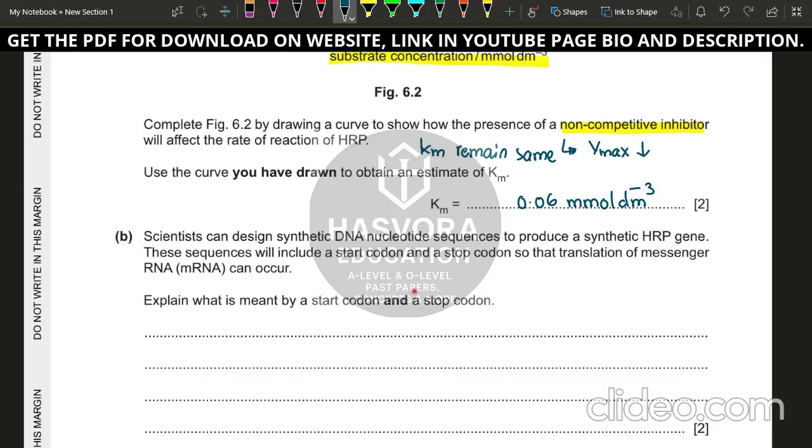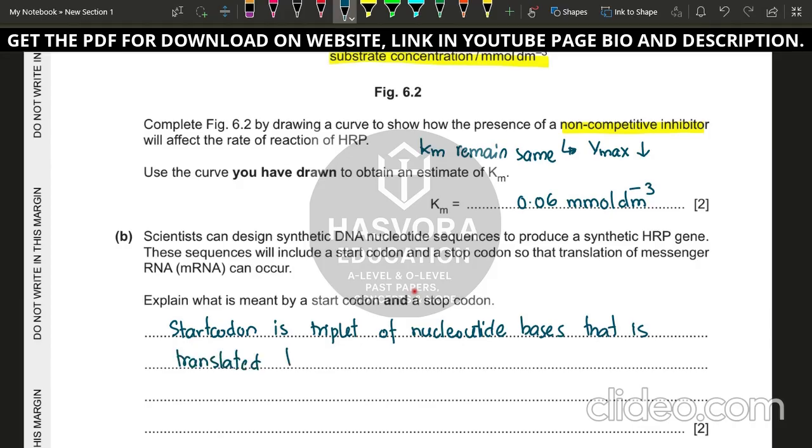Okay, so let's write about the start codon. Start codon is a triplet of nucleotide bases that is translated to methionine.